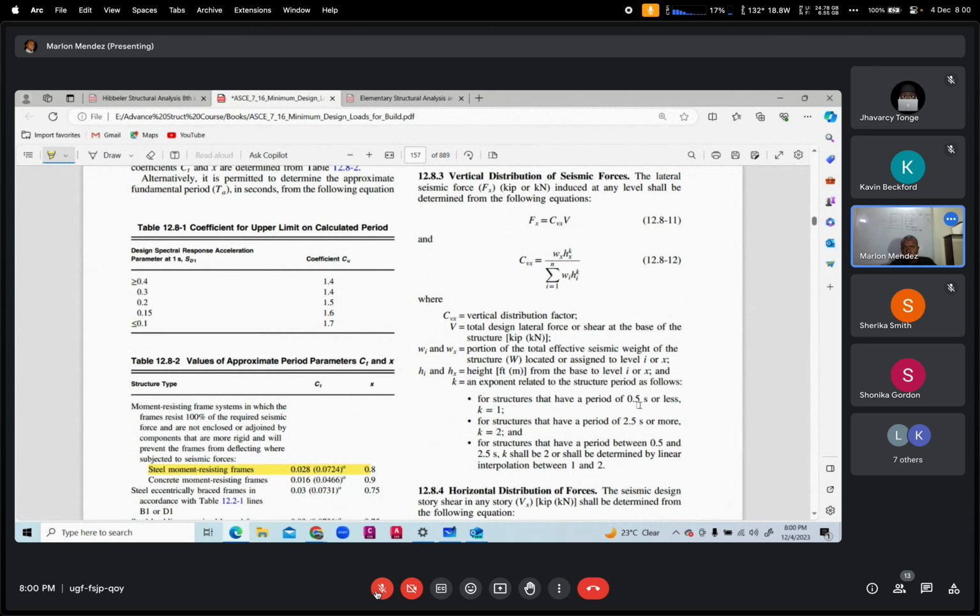But our period was 0.696, so I think we use the third one, between 0.5 and 2.5 seconds. Yes, sir. I know we use that one now in purple, but I was wondering if the period that we used to find this was 0.696. Yes. All right, so we are good to go.